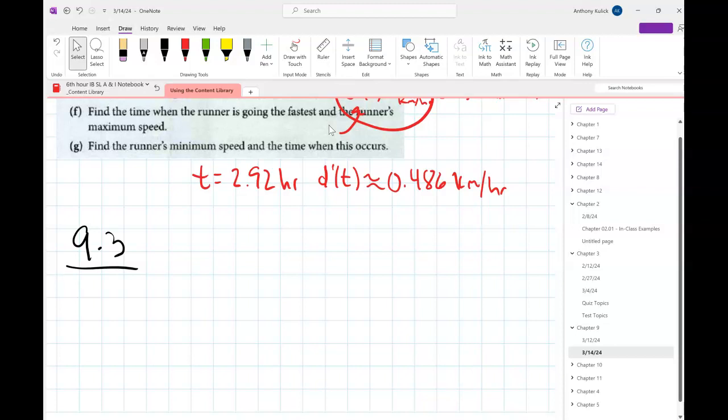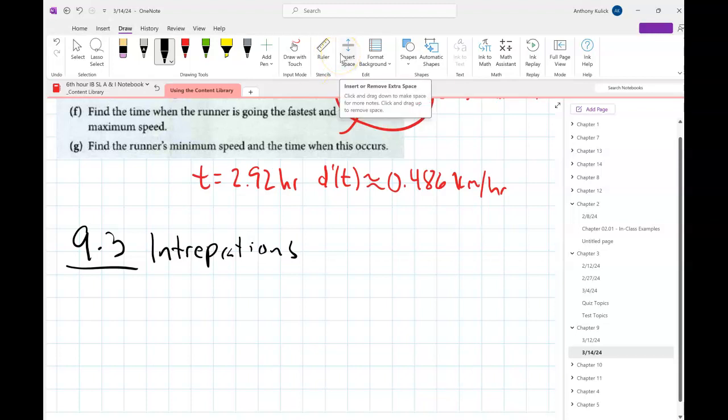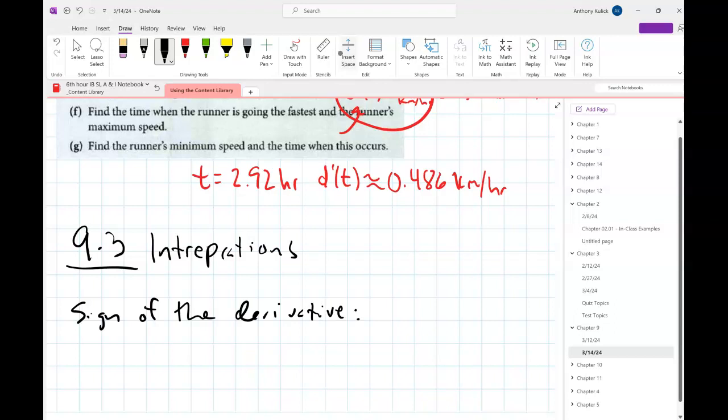All right, so we're going to be talking about interpretations. The first thing we're going to do is talk about what we can tell from the sign of the derivative.